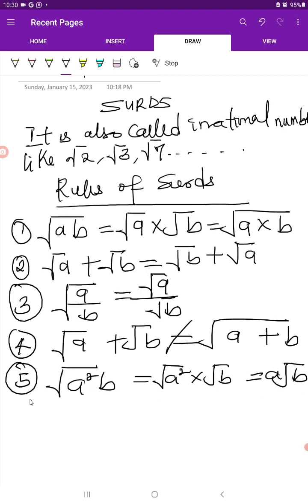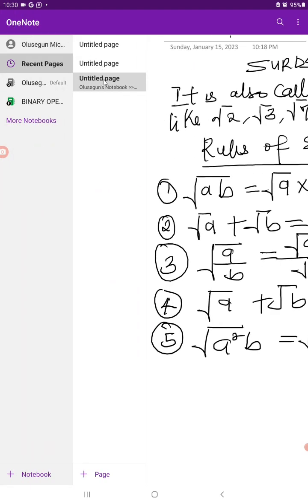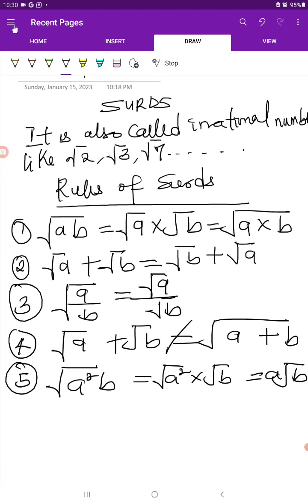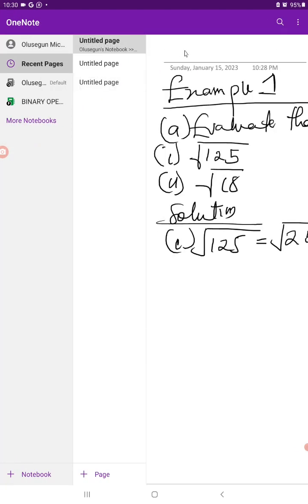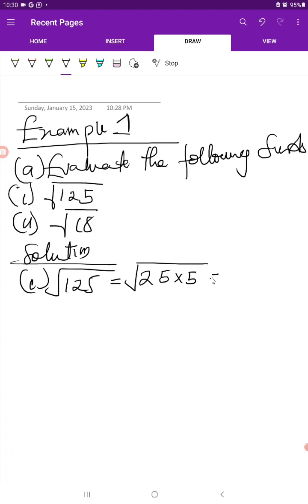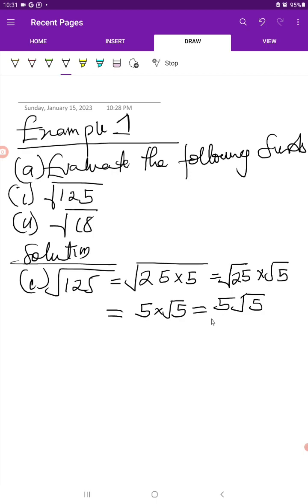So we are applying law 5 to that question. It will give you root 25 times root 5, which will be 5 times root 5. The answer will be 5 root 5.